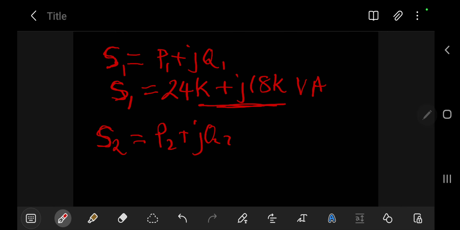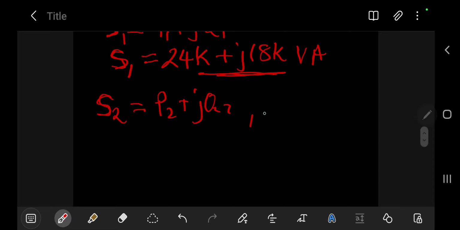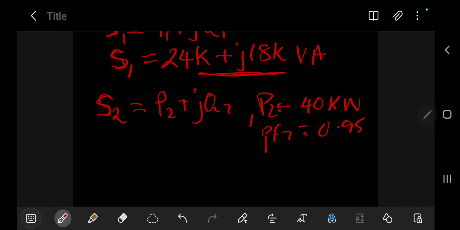When we look at load 2, again we have been given P2 to be 40K watts, and we have also been given a power factor of 0.95.